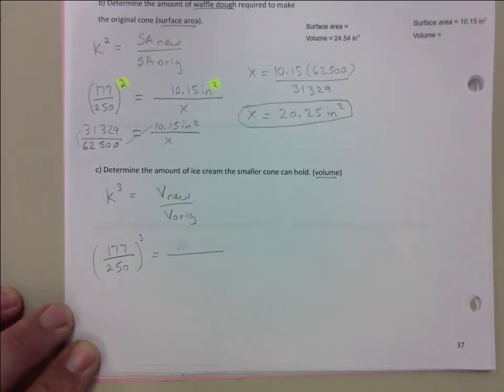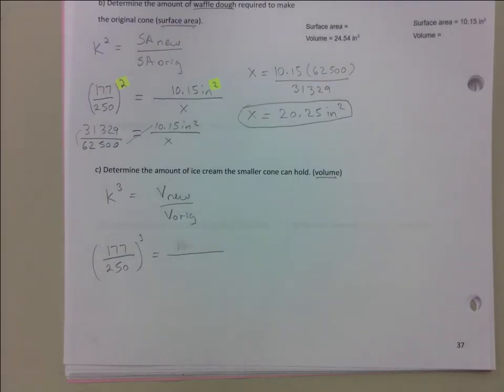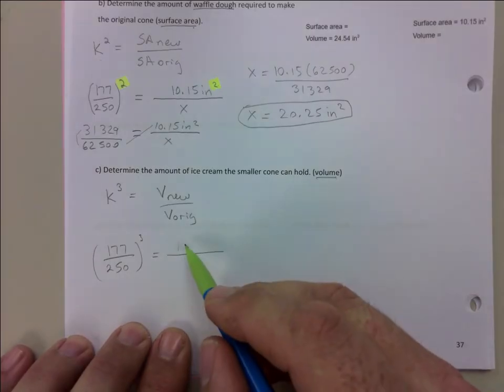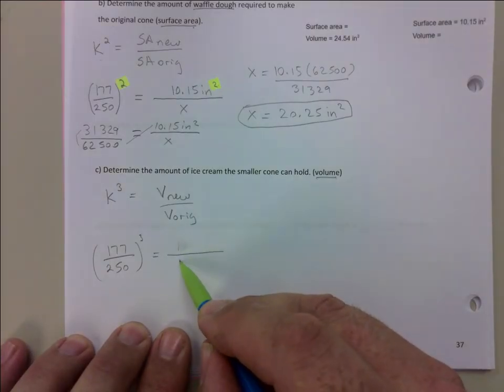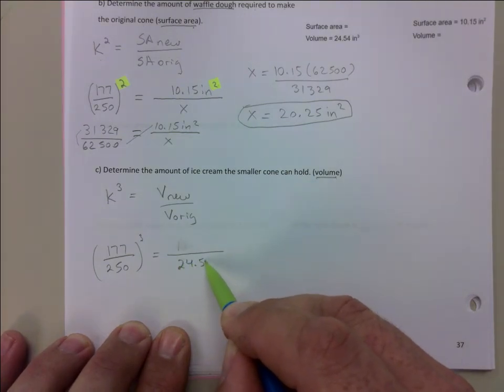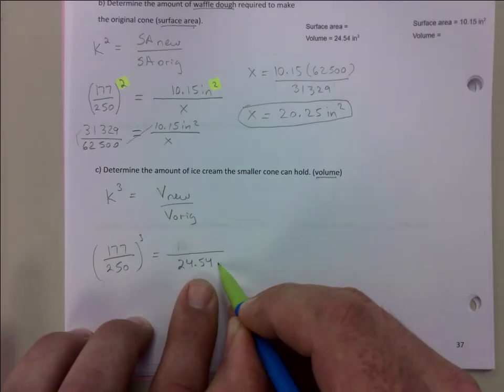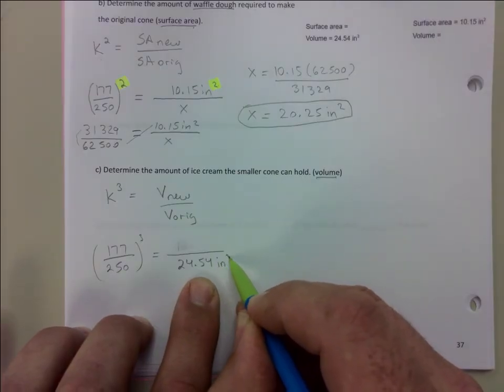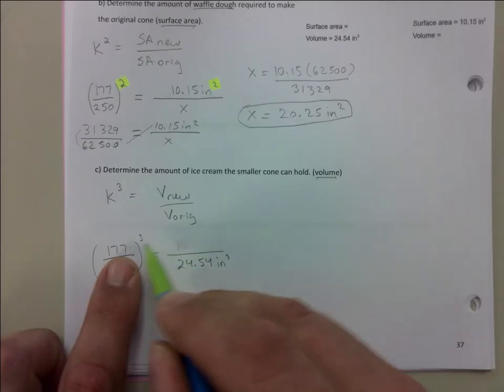What do I know? I need the volume. I know the volume of the original, right? So that number goes right down here. Very important. And what are my units in? Cubic inches. Oh, cubic inches. Is this thing cubed?